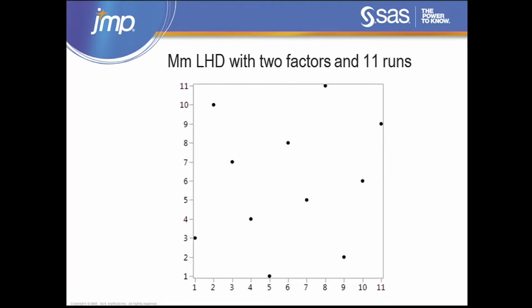One definition of space filling in terms of design is that you want to spread the points far apart from each other in space. One measure of that is to maximize the minimum distance between points. However, another way of thinking about space fillingness is to pick some point in space, like this one here, and measure the distance between that point and the nearest design point, and find a design that minimizes the distances of arbitrary points to a design point.